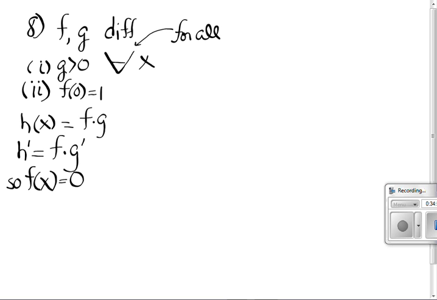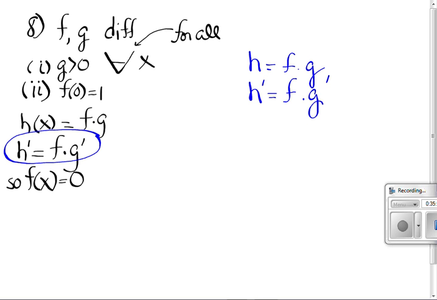Now, they tell me that for this function, the derivative of h is just f times g prime. Well, we know that h is equal to f times g. And now if we have any function there, okay, Noah, what's the derivative of h? It's f times g prime, product rule, plus what? G times f prime. But they told me that h prime really is f times g prime.